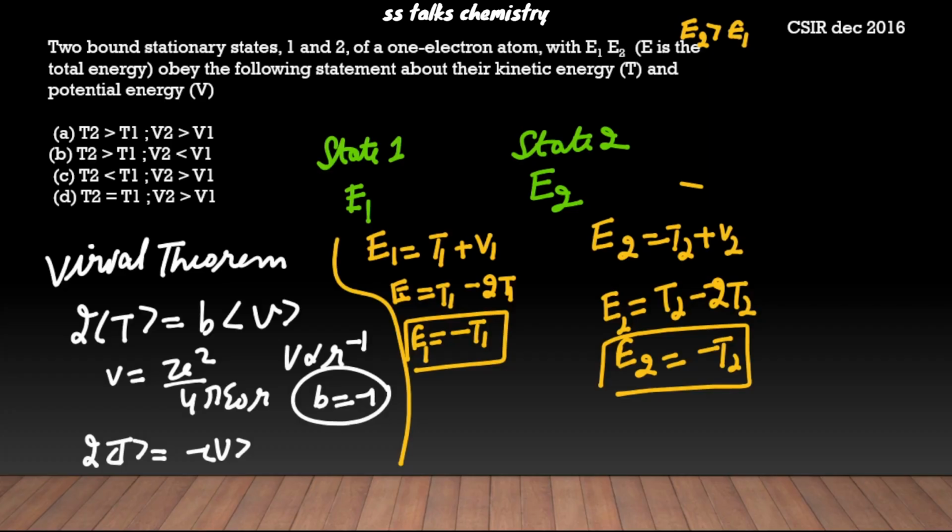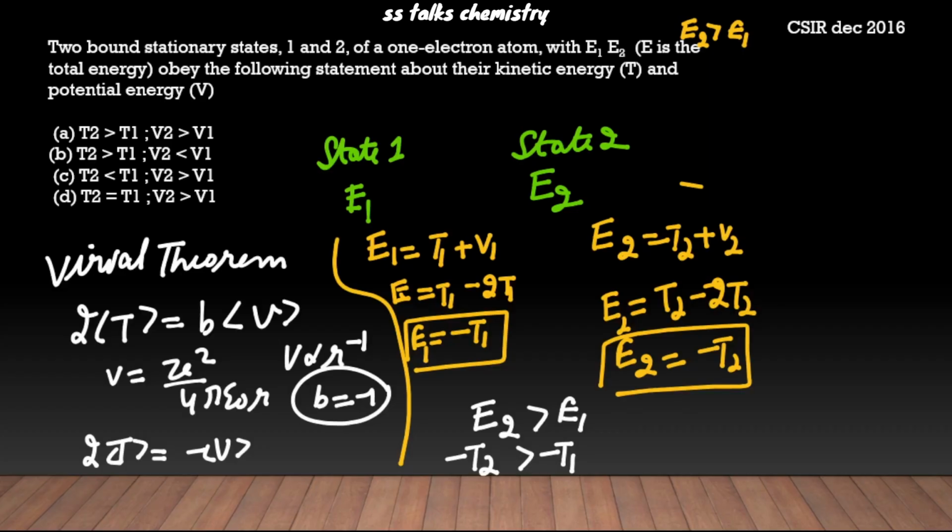Based upon this, you need to compare now the kinetic and the potential. It is given that E2 is more than E1, which implies minus T2 is going to be more as compared to minus T1, right?